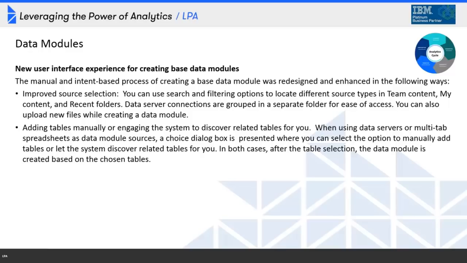As a reminder, intent-based modeling is where you select a data source, let's say a connection to a database known as a data server connection, and you type in a question or a statement that describes the analysis you want to do using that data source, and the tool will present you with a proposal of the tables from the data source that match that analysis. I'll show you how that works when we jump onto the demonstration in a moment.